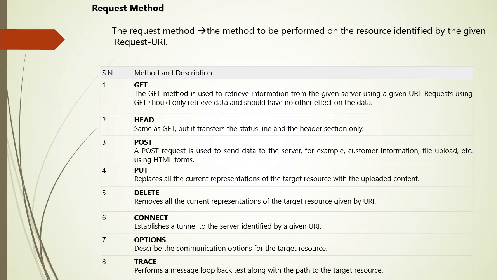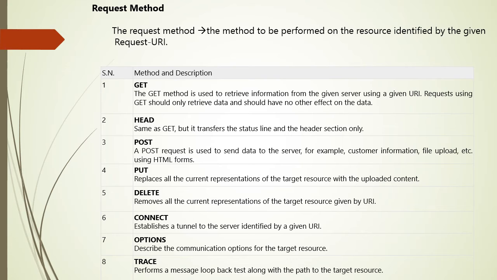The next method is HEAD. It is the same as GET, but it transfers the status line and the header section only. Next is the POST method. The POST request is used to send data to the server, for example, customer information, file upload, etc., using HTML forms. The PUT method replaces all the current representations of the target resource with the uploaded content.